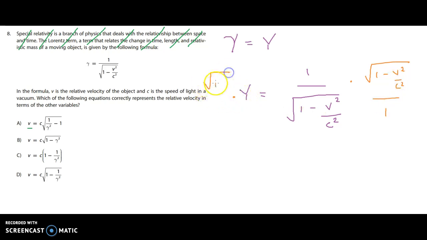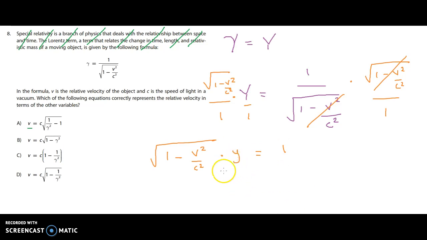I don't know if I need to write it out again, but for the sake of completeness, let's just do it. Okay, so then these cancel here, leaving us just with 1. And then we've got the radical out of the denominator, which makes it easier to solve. We got that times y is equal to 1.